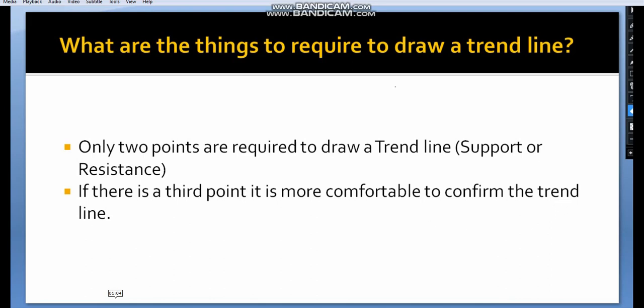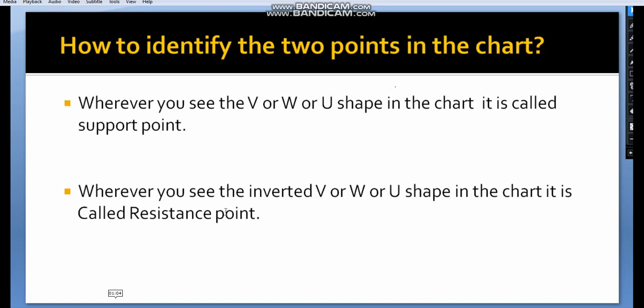And the last one is how to identify the 2 points in the chart. Here what we have mentioned is wherever you see the V or W or U shape in the chart, it is called support point. I will show you. The chart is going like this.